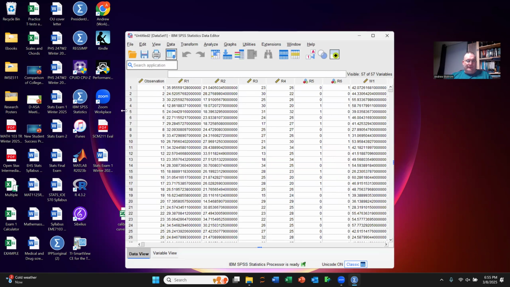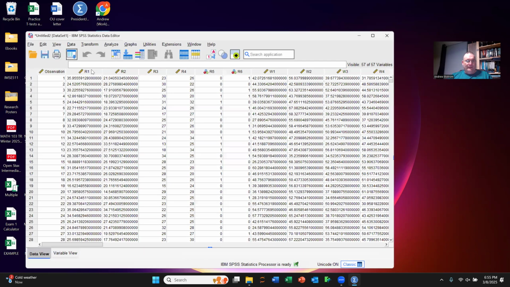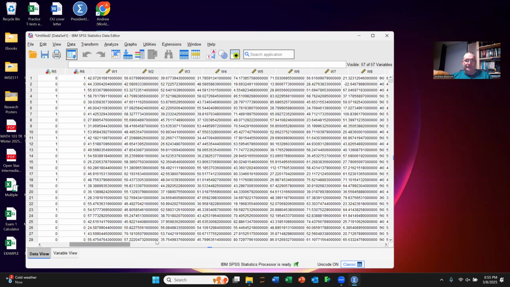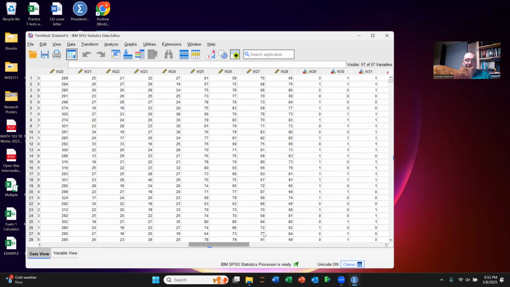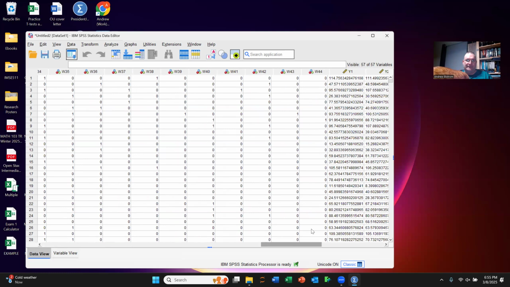So I've got some of these variables here that are just labeled as R1 through R6. These are the right variables. These are what I should be getting. The W's here are all the wrong variables. And just to show you what all of this is going to look like, you can see that there are columns and columns and columns of this stuff.